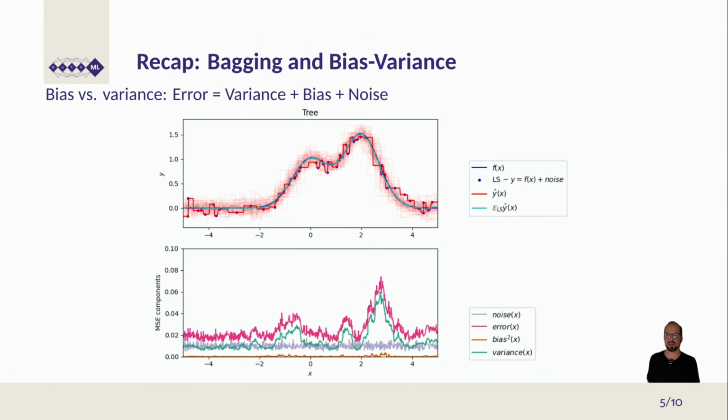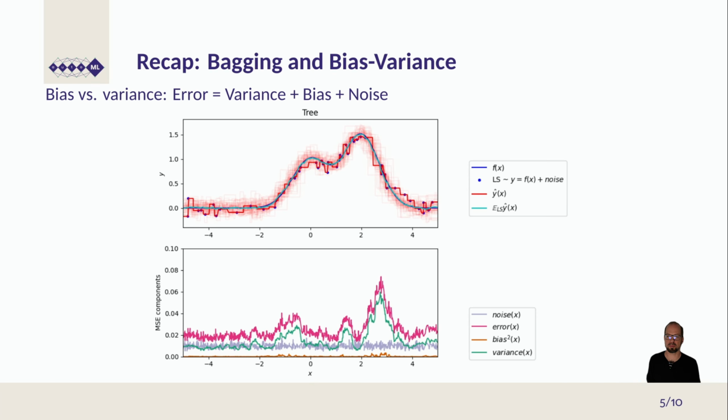We can now try to understand how a single tree, or how the error of a single tree, actually behaves by doing the bias variance decomposition. And we can see that the error, that is the magenta line, actually decomposes into, as mentioned above, bias, variance, and error.